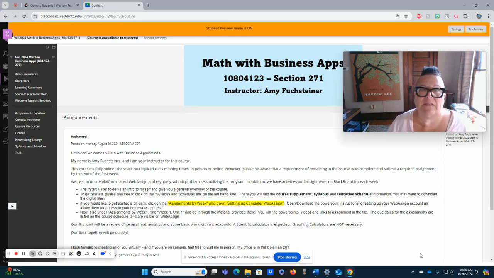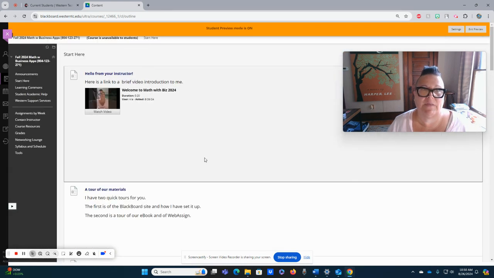This is where any weekly or regular communication and reminders pop up. After that, the second page is something called a Start Here. This is a required folder for the college where we take the time to introduce ourselves. We tour not only the Blackboard shell, but any supporting platforms or materials that we need to use.